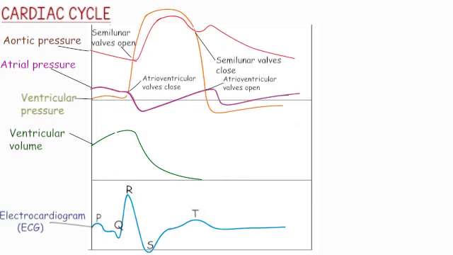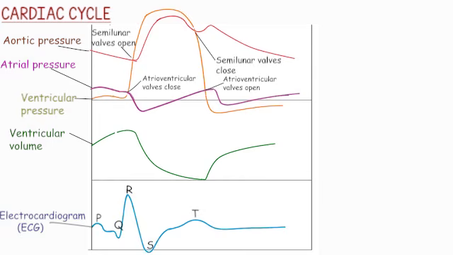It also causes the ventricular pressure to slightly increase, and the ventricular volume also starts to increase because the ventricles are being filled with some of the blood from the atria. And this is all in preparation for the next cardiac cycle, and that's how the cardiac cycle repeats itself.